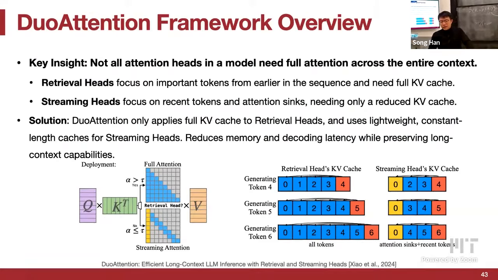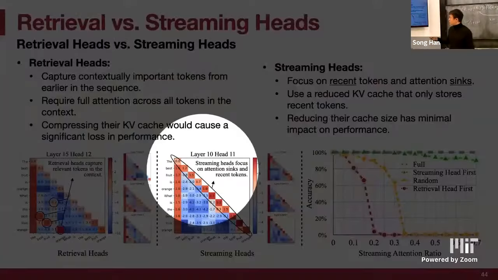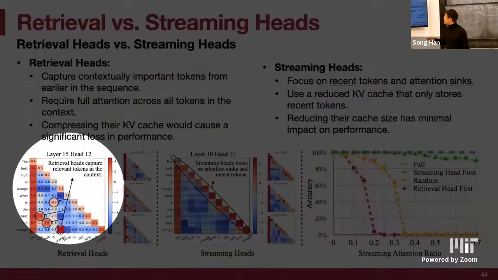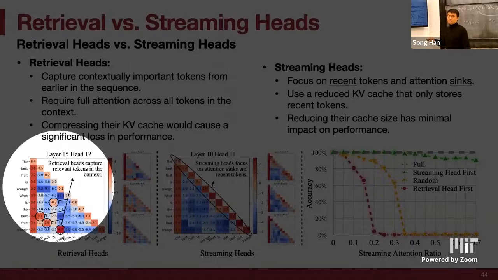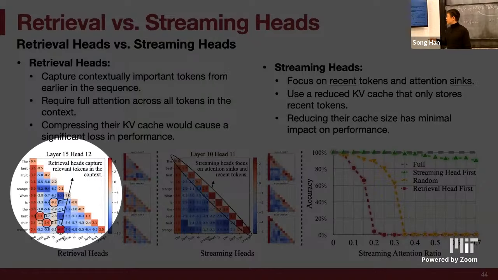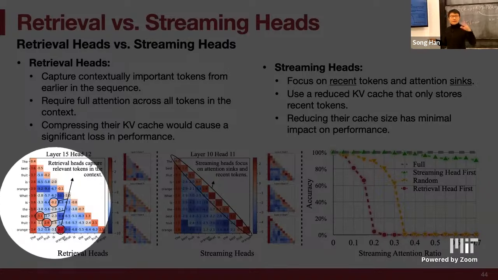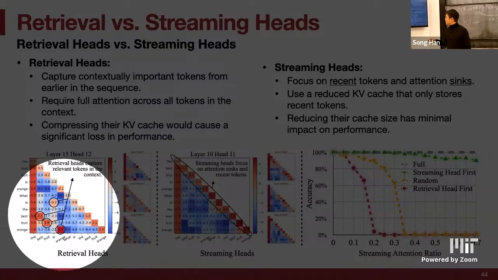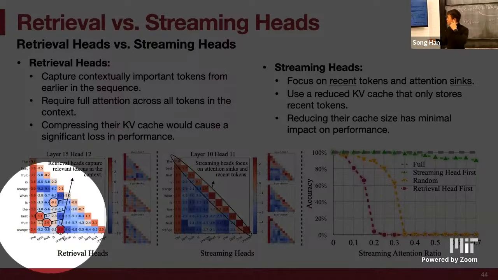And let's see how that works. Let's first observe the attention map and see what we are actually attending to. So there are roughly 2 kinds of heads. The sentence here is: the best fruit is orange. What is the best fruit? Orange. Okay, so for the first kind of head, we pay attention anywhere. For example, we have 3.1, 2.9, 4.7, these 3 dots near best fruit in orange.